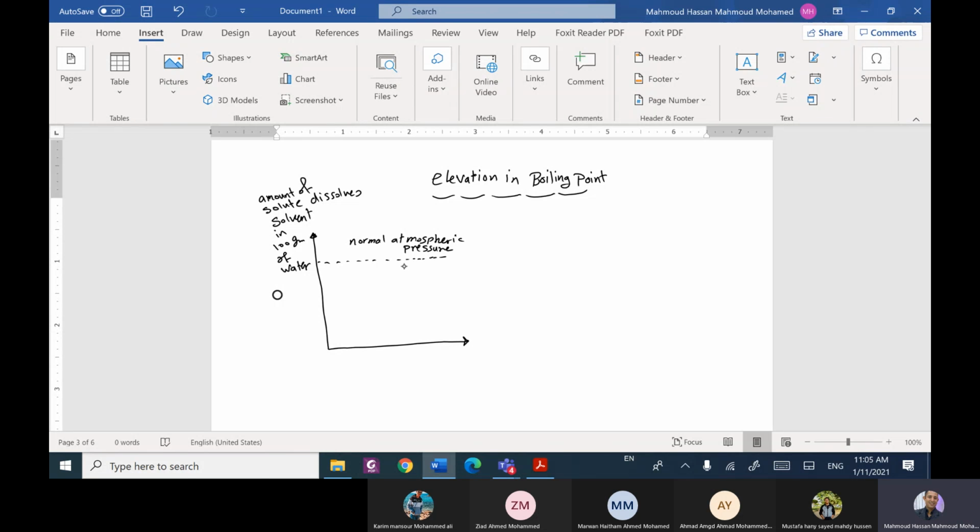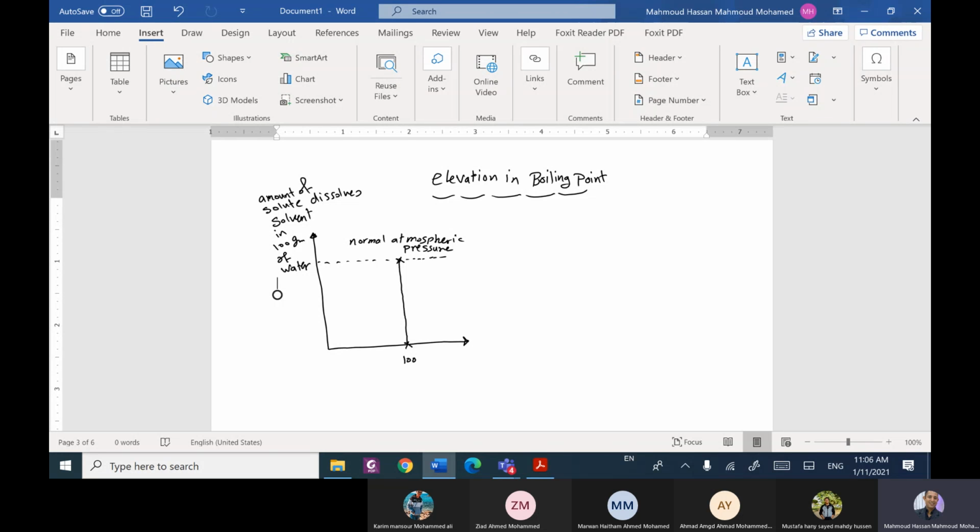We'll find firstly 100 degree. 100 degree represents the temperature at which pure water boils. So the pure water will boil when its vapor pressure reaches the atmospheric pressure. The pressure of the vapor will be equal to the normal atmospheric pressure at 100 degree.